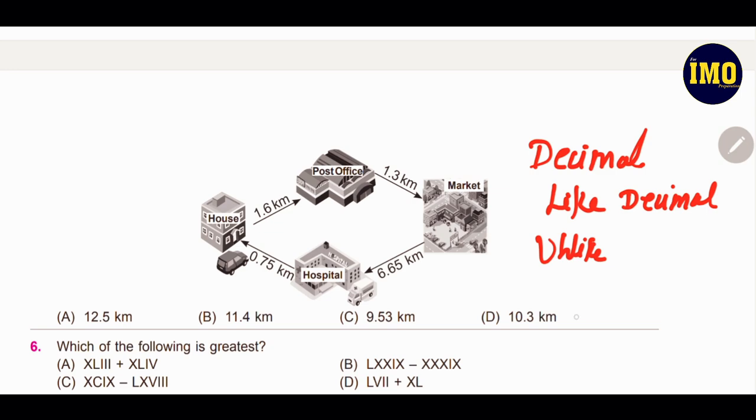For example, I just write down 2.372, another number 2.3. So they are unlike numbers. If you want to make them like numbers, you just add two zeros. Now they both are like because after the decimal each has 1, 2, 3 digits. So the first priority is to convert all numbers into like decimals.